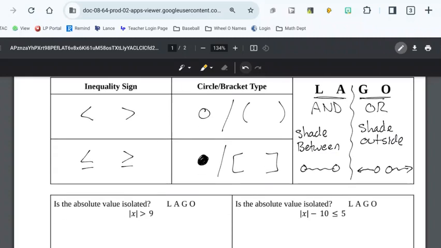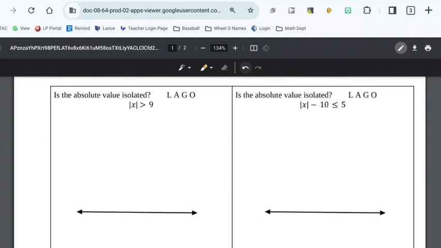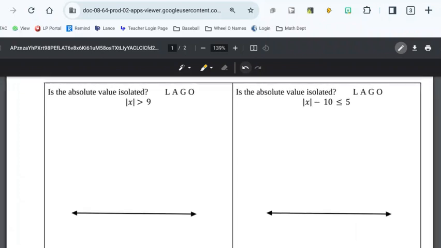So now let's go ahead and get into the practice, the examples. First, ask yourself the question, is the absolute value isolated? In this case, that is a yes. It's isolated, so we can go and look at LAGO. And it is a greater than symbol, so it's going to be an OR problem.